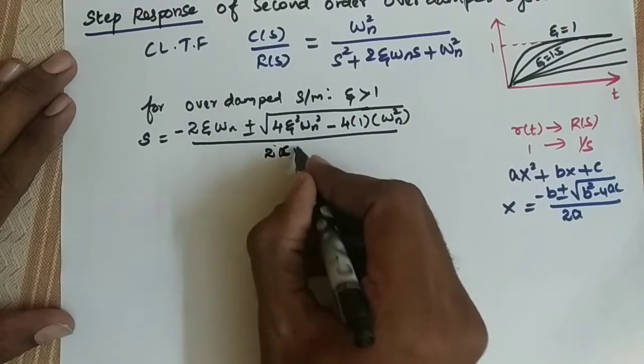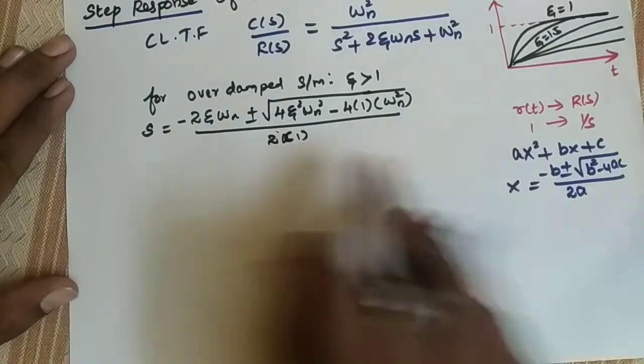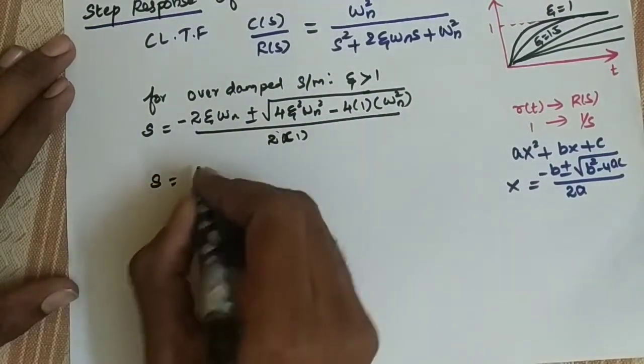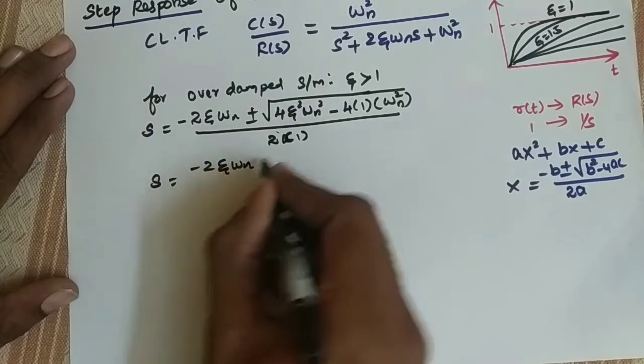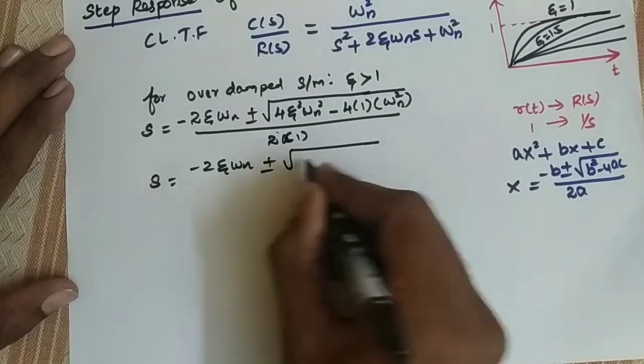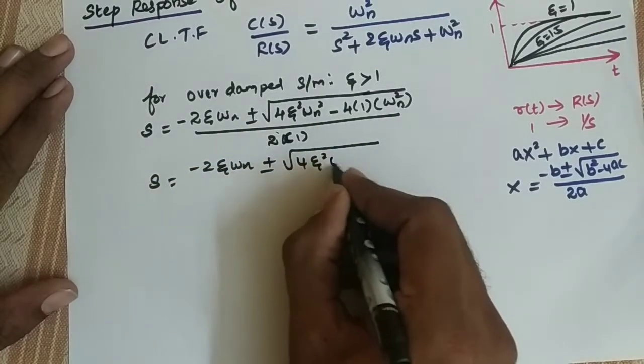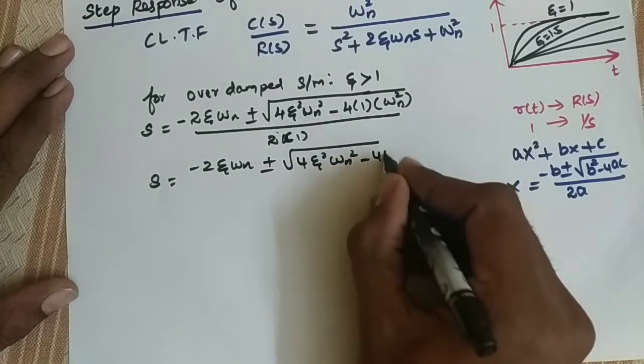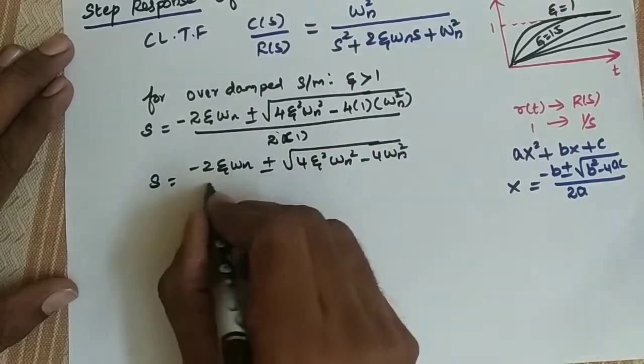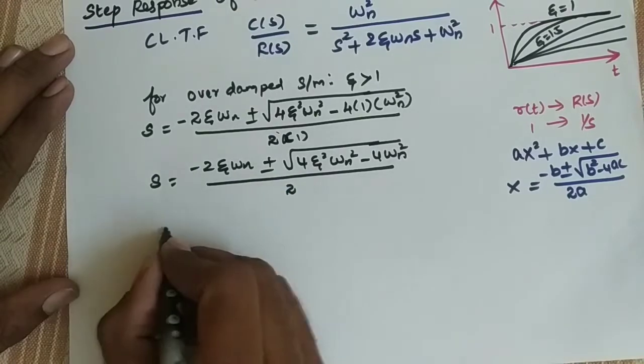The a value is 1. So s equals minus 2 eta omega n plus or minus the root of 4 eta square omega n square minus 4 omega n square, divided by 2.